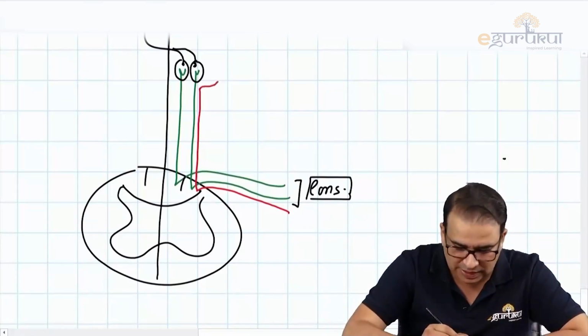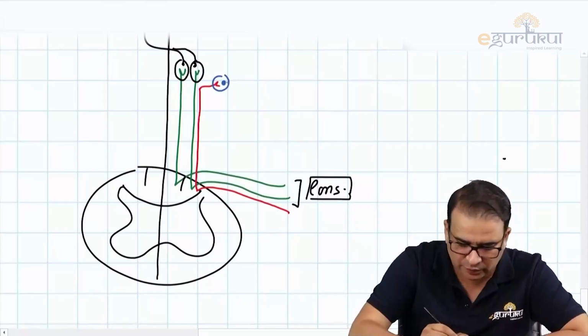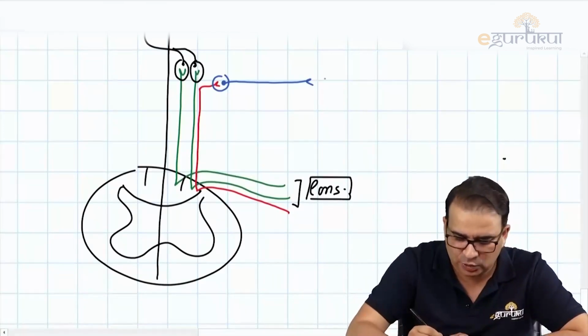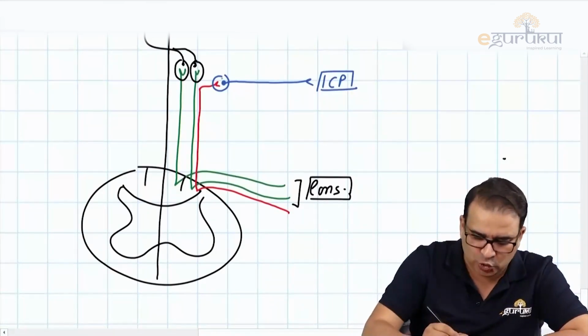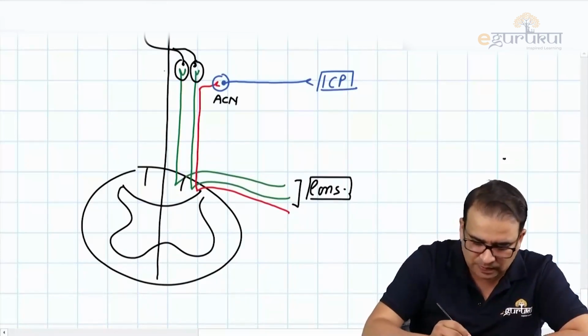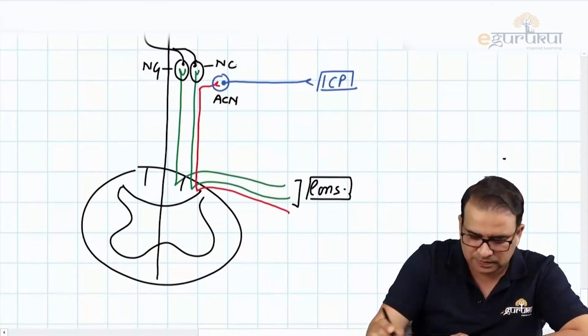It is deviating into the nucleus cuneatus, and from there, from the accessory cuneate nucleus, it goes as the cuneocerebellar tract into the inferior cerebellar peduncle. This is what we discussed. I've just joined both the tracts here, guys. This is the accessory cuneate nucleus, this is nucleus gracilis, and that is nucleus cuneatus.